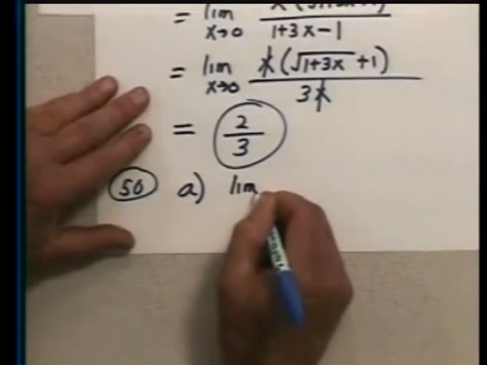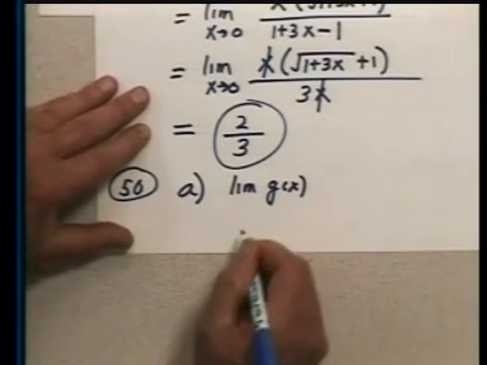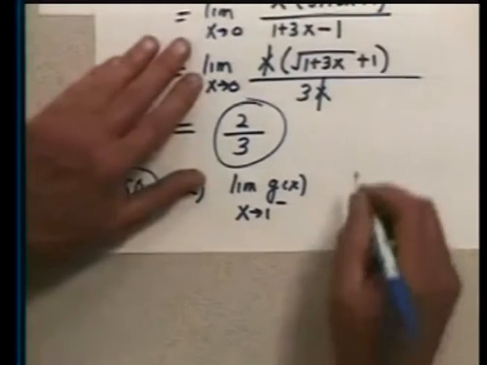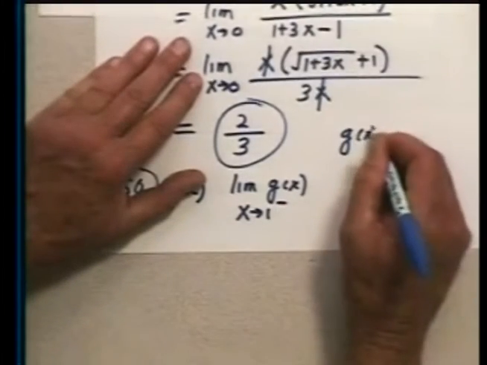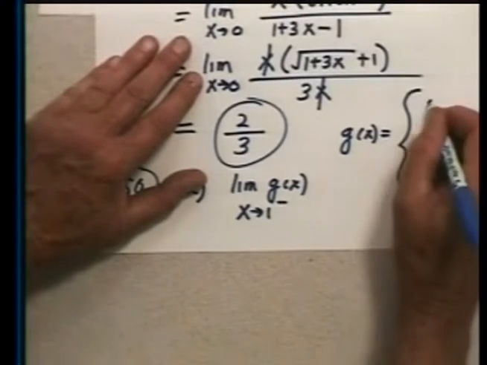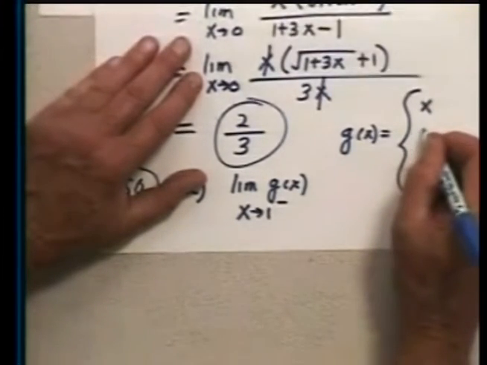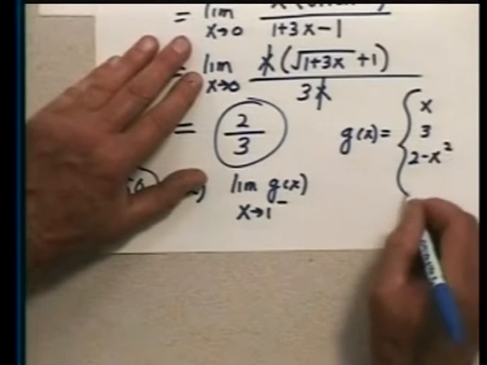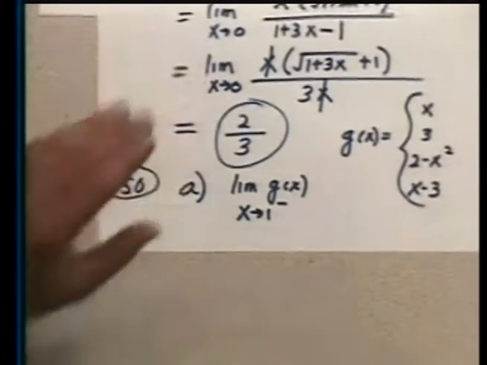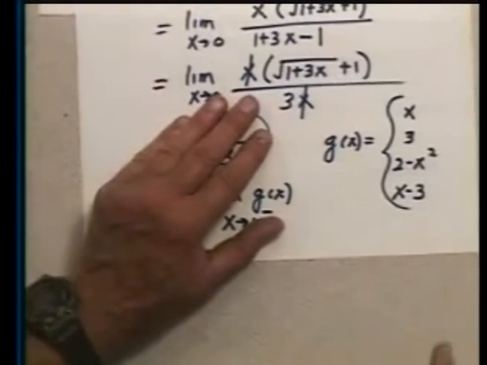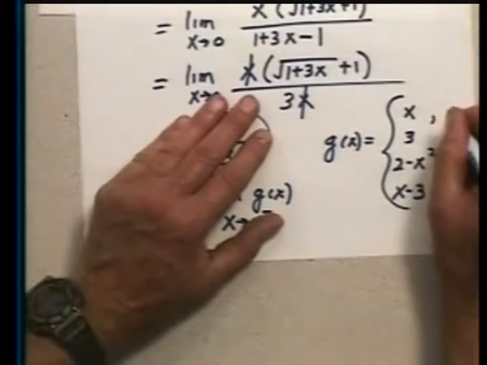Okay, I want the limit of g of x as x approaches 1 from the left. Okay, here's g of x as a piecewise defined function. Sometimes it's x, sometimes it's 3, sometimes it's 2 minus x squared, and the rest of the time it's x minus 3. Conditions are very important though. It's only x if x is less than 1.